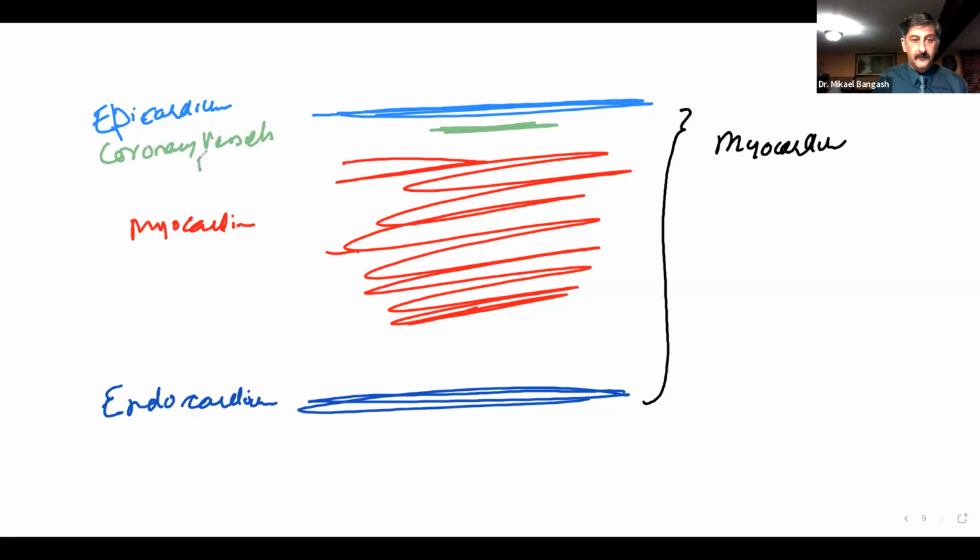Or to be more specific, the coronary blood vessels.